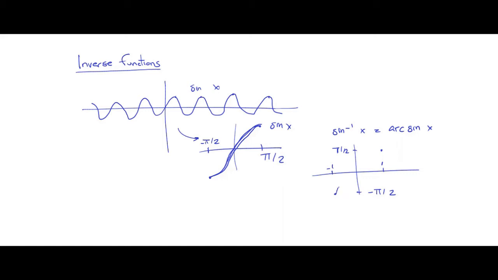It does something like this. Okay, this is the arc sine. It's only defined in the interval minus 1 to 1, and it goes from minus pi over 2 to pi over 2.